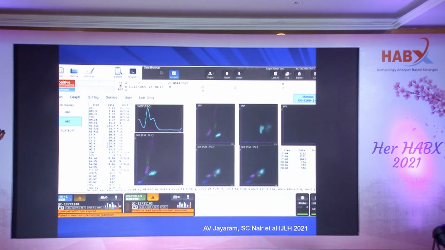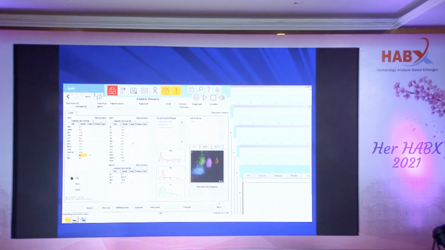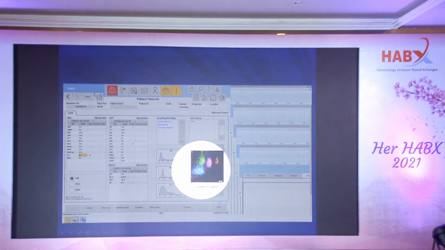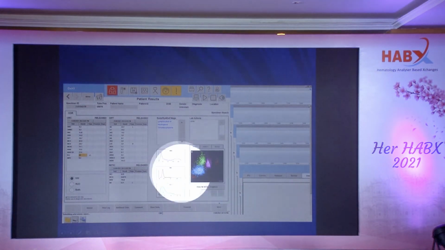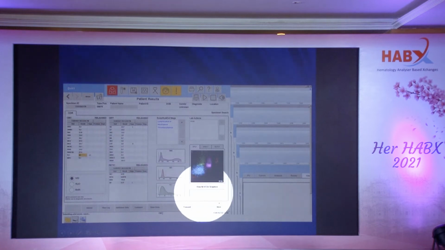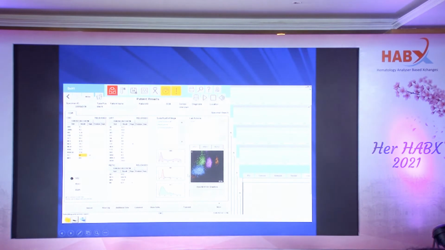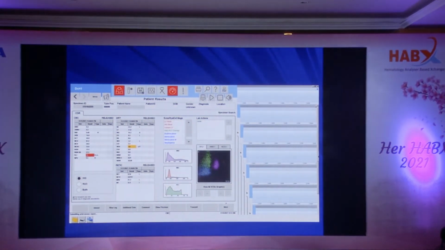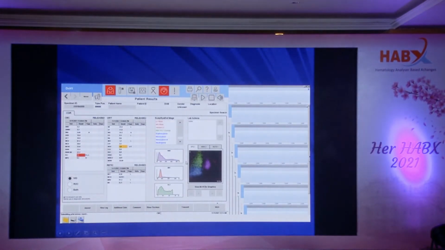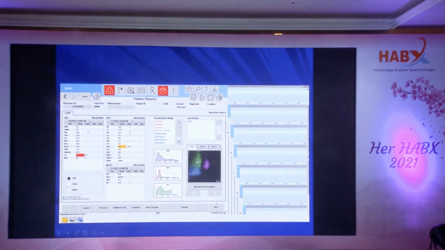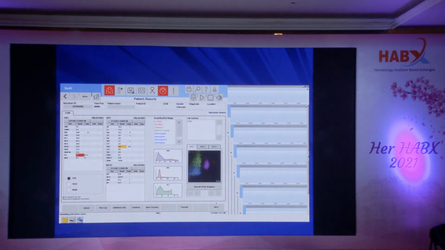So can only XN pick up dengue? Fortunately I had Anil coming to my lab. He said that when you have the lymphocyte monocyte merger, this is the same patient, lymphocyte monocyte merger with almost a teardrop appearance. This teardrop appearance is usually the same as what we see in dengue in Sysmex.